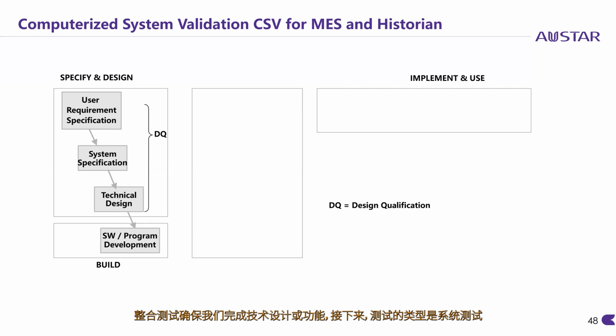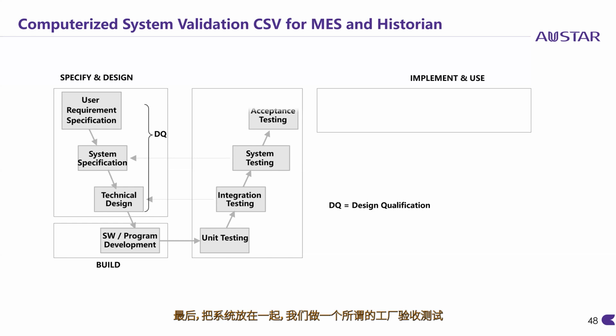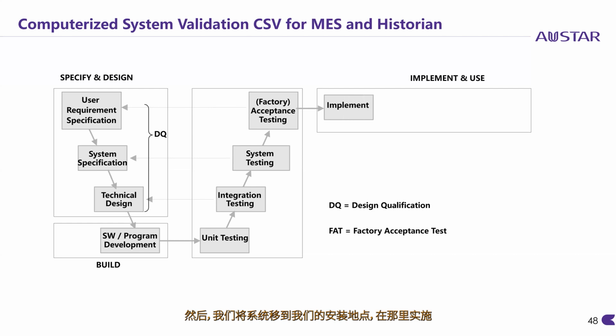Then software and program development takes place, typically while already doing some unit and integration testing. Integration testing makes sure we fulfill the technical design, all functions are there. Next type of test is a system test, where we see if the system is performing as specified by the system specification. And finally, when the system is put together, we do a so-called factory acceptance test. Then we move the system to our installation, where it's implemented.